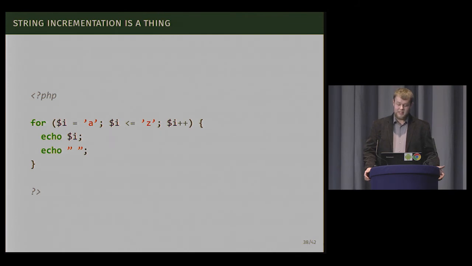So AA is actually less than Z. So we continue until we hit AZ. Incrementing that gives us BA, and so on, up until YZ. Then incrementing YZ gives us ZA, which is already not less than or equal to Z, so it stops. Magic.